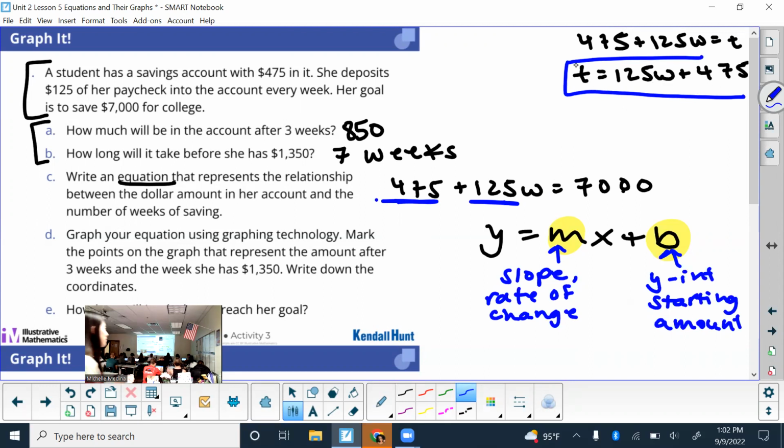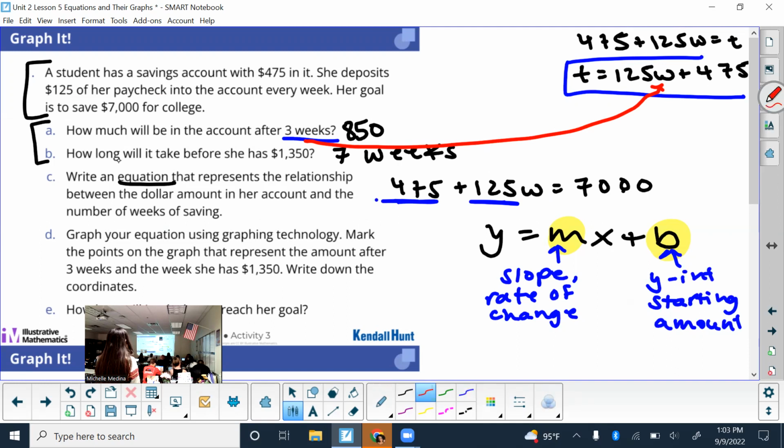So you would have had to do it how many times to find it after 3 weeks? No, where am I plugging in the 3, class? Into this equation, where am I plugging it in? For the W. Because 3 weeks, we said W is for the weeks.